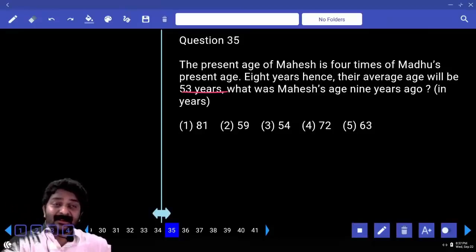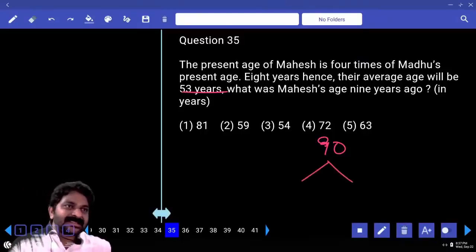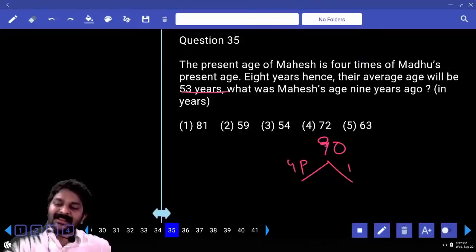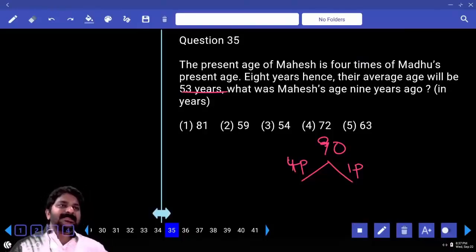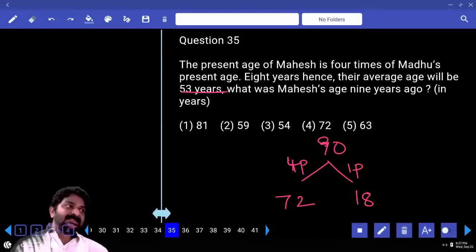Then the sum must be 90, and out of this 90, one person's age is 4 times the other person's age. Agreed or not? That means if one number is 4 parts, the other number is 1 part only. How many parts do we have in total? If 90 is divided into 5 parts, each part is equal to 18 and the other number is 72. 72 is Mahesh's age and Madhu's age is 18.